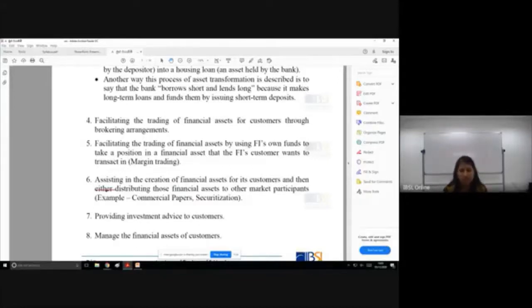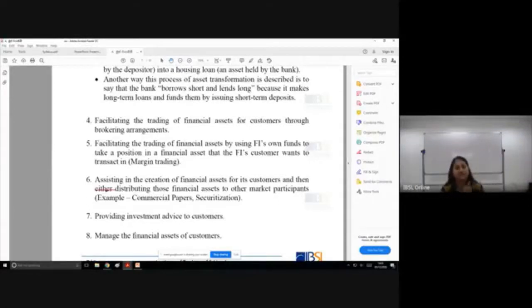So the investment intermediary will advise the deficit unit and create that asset for you. After creating, they will market it. They will ensure that the purchase is done, the investment is done, or the sale of that instrument is done, so that the funds are collected.